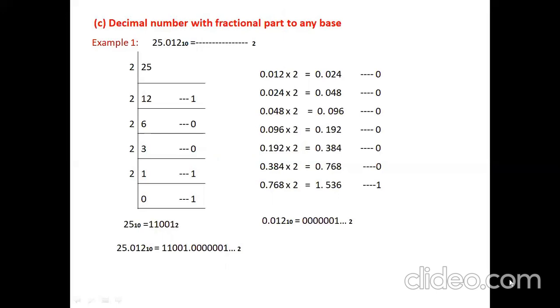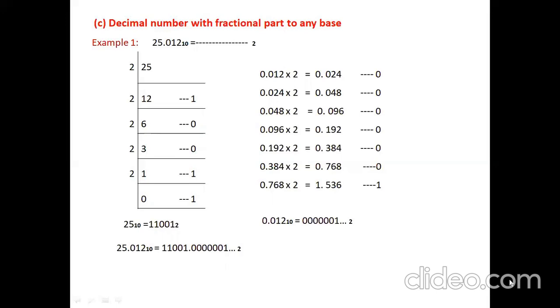For 0.012 you have to multiply with 2. You get 0.024, which gives 0; again you multiply 0.024 and get 0. Similarly we keep getting all zeros, and we have to continue until we get some value 1. The steps are repeated and the answer is written.